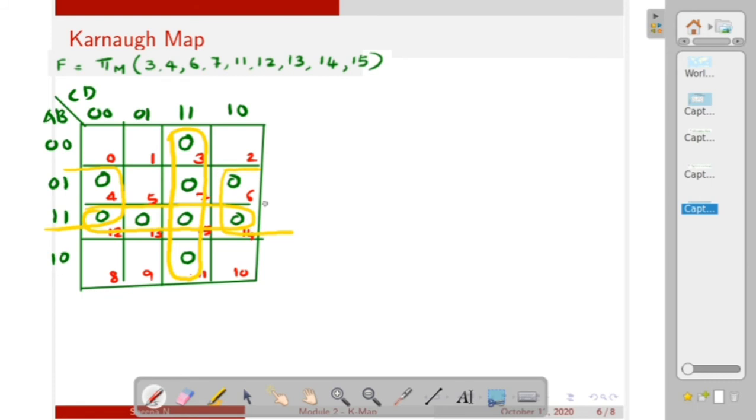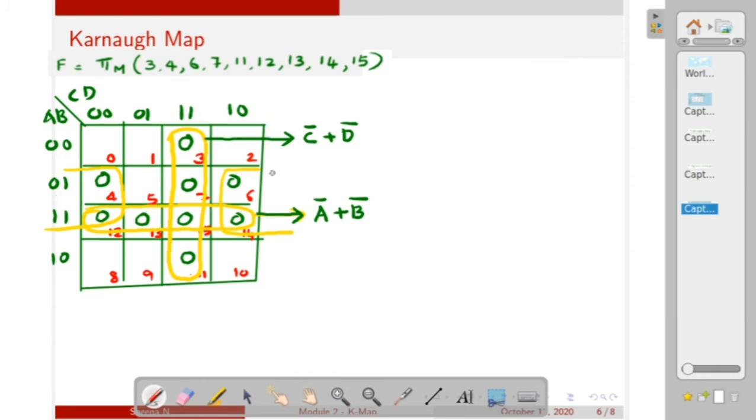Okay, so the Boolean expression for this quad is, here CD cancelled, that is only A and B. It is A is equal to 1, B is equal to 1, so it is primed form A bar plus B bar. Okay, so here AB cancelled, only CD, that is C bar plus D bar, because C is equal to 1, D is equal to 1, right?